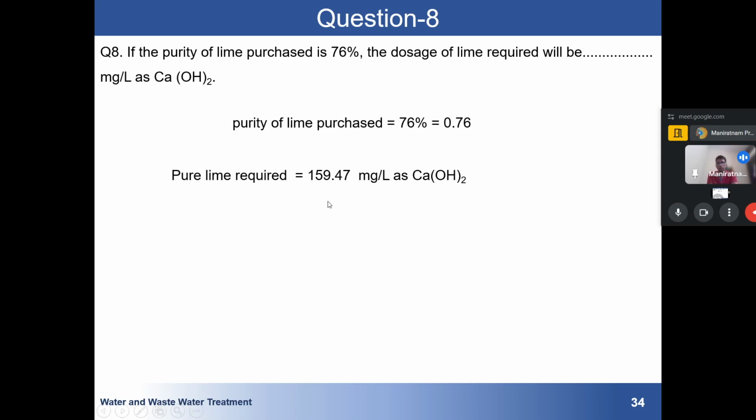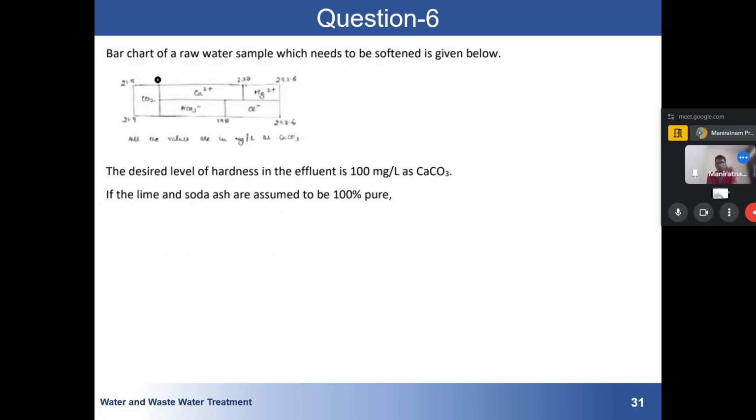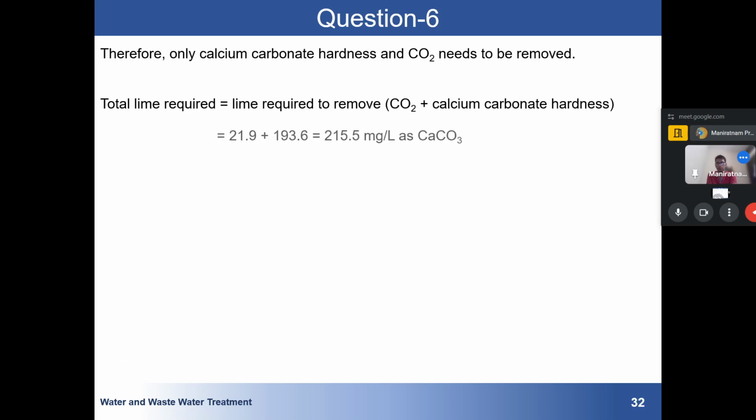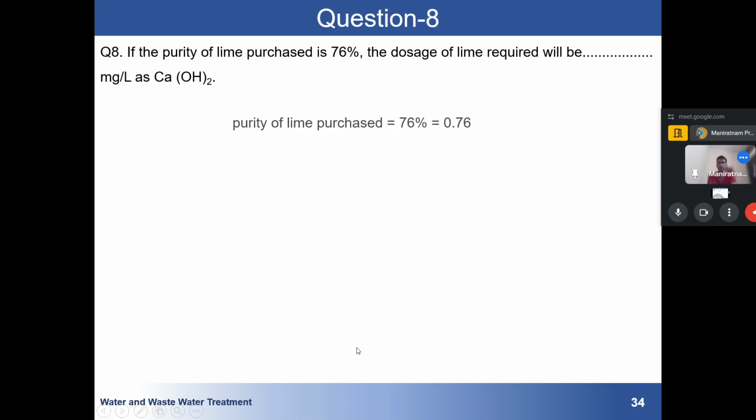For pure lime you can see that 159.47 milligram per liter as CaCO3 is required. Now purity has decreased from 100%, which means you have to add a high amount of lime, because we need this much and it is only 0.76 pure.